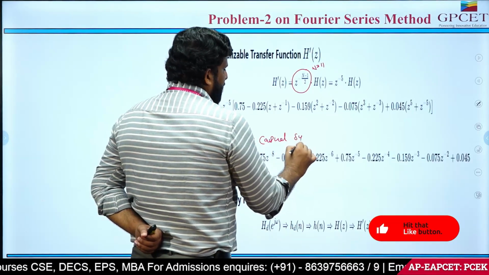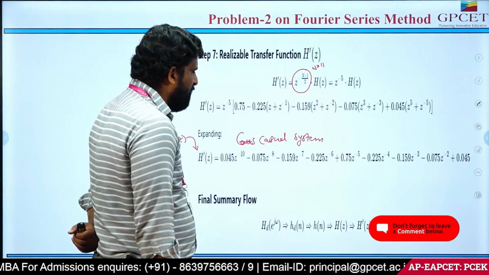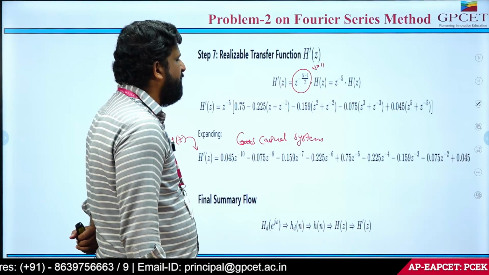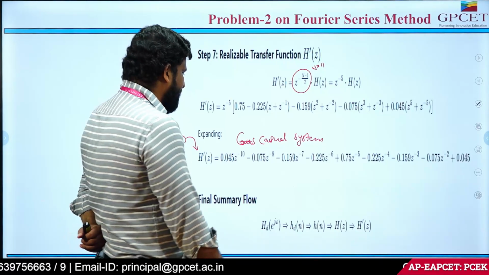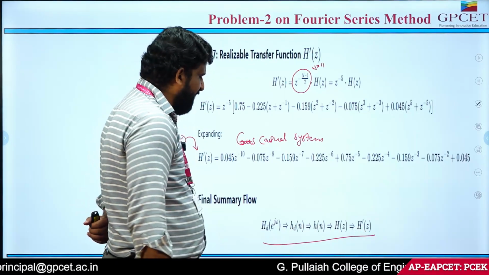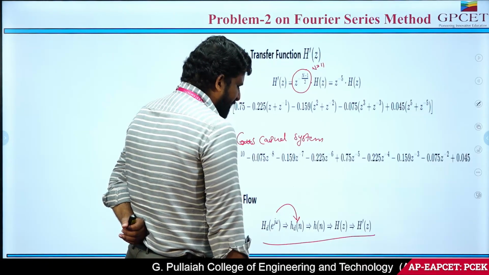Now it is very easy to realize this equation, h inverse of z, so that particular ideal high pass filter can be designed by using the Fourier series method. This is the pipeline we have seen up to now. That is hd of e power j omega is considered, and we found hd of n.